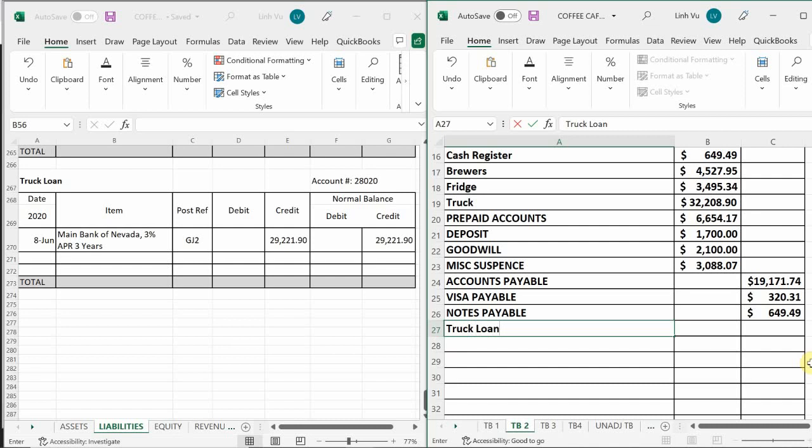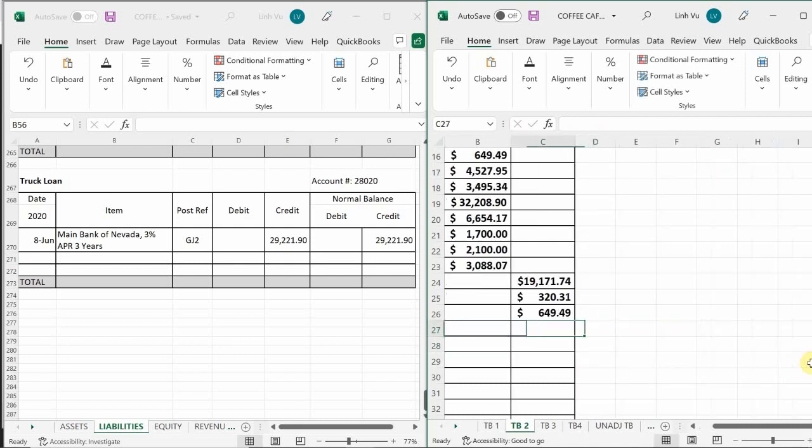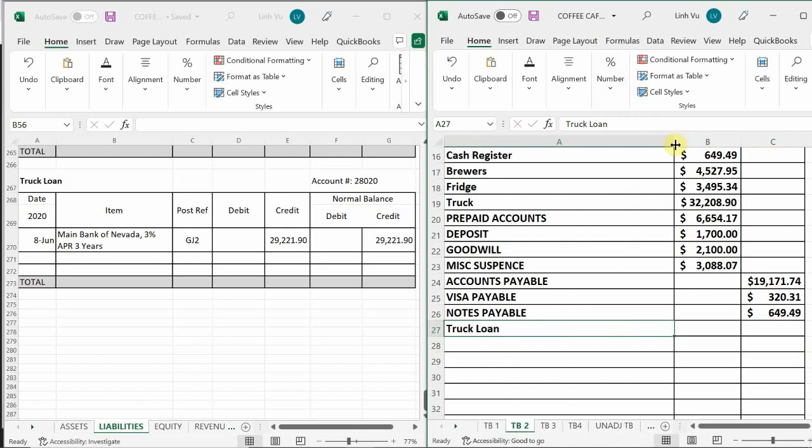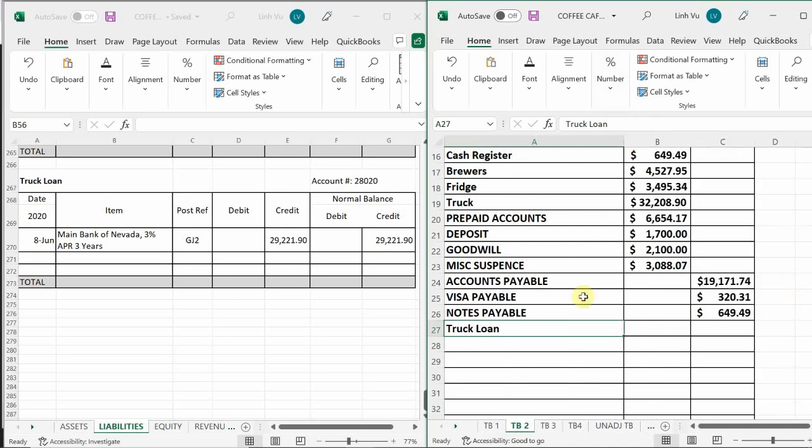How much did I take the loan out for? We took the loan for $29,190.